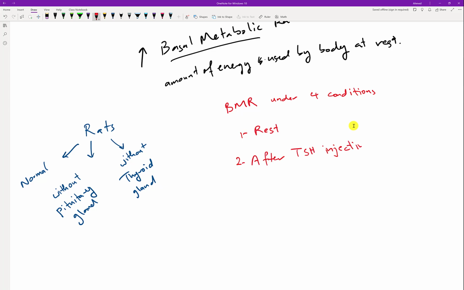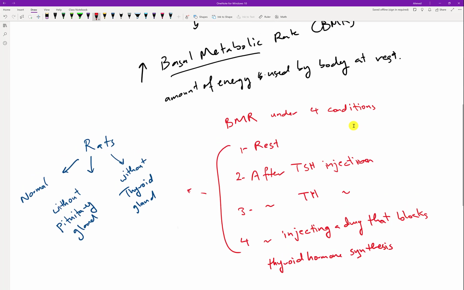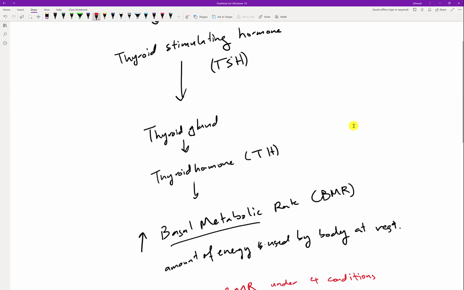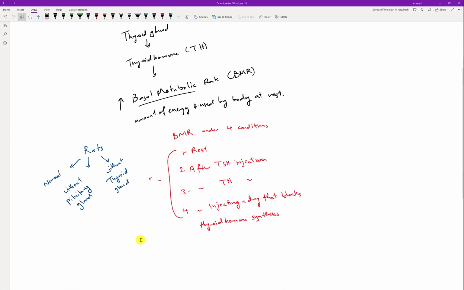Third, after thyroid hormone injection. And fourth, after injecting a drug that blocks thyroid hormone synthesis. So basically we are manipulating this pathway, changing it each time and then measuring the BMR.